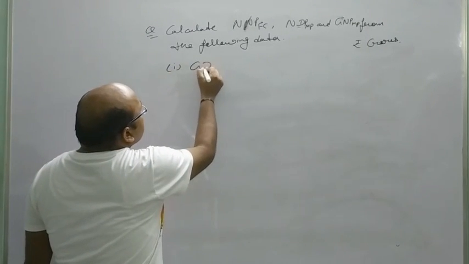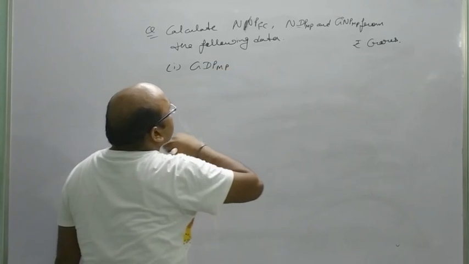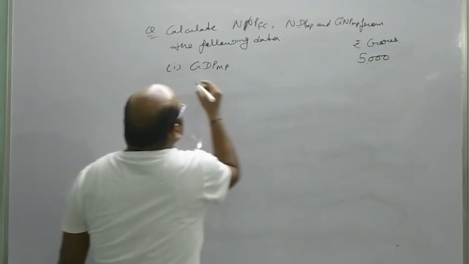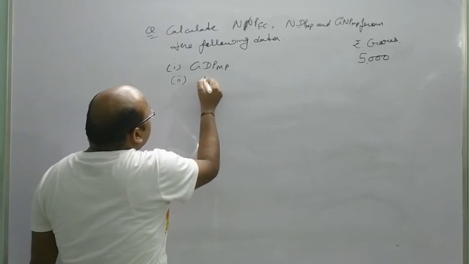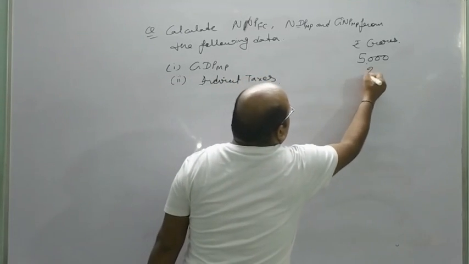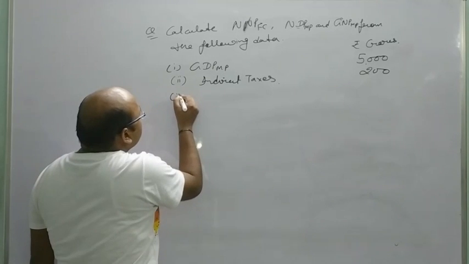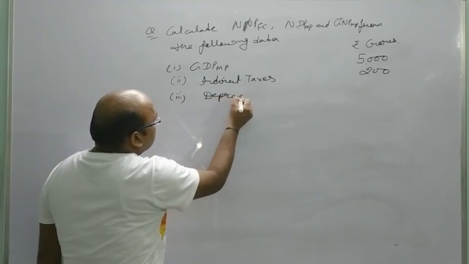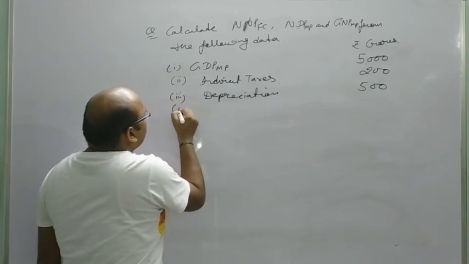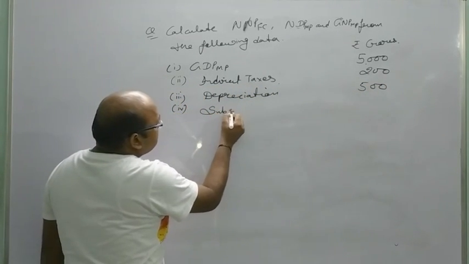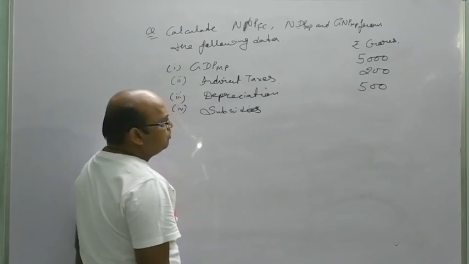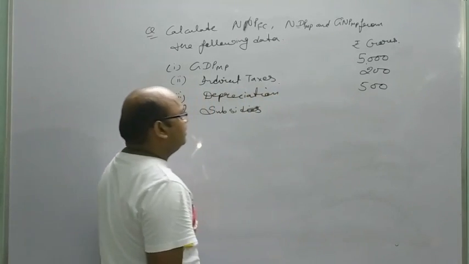First, the given is GDPMP, which is 5000 crores. Second, indirect taxes 200. Third, depreciation is 500. Fourth, subsidies are the grants given by the government to producers as well as consumers so that the price of the product declines.